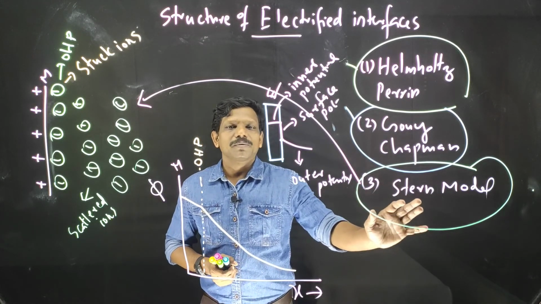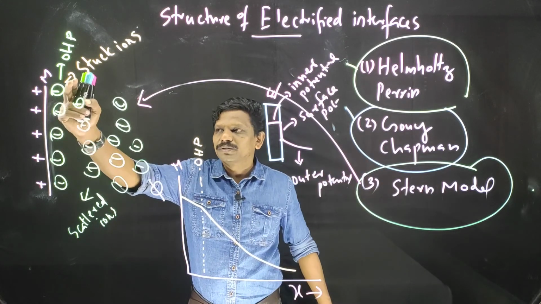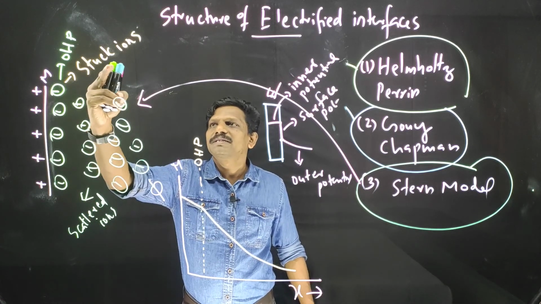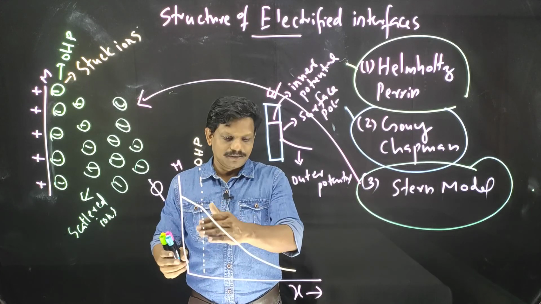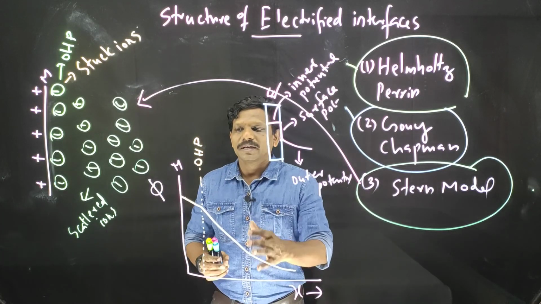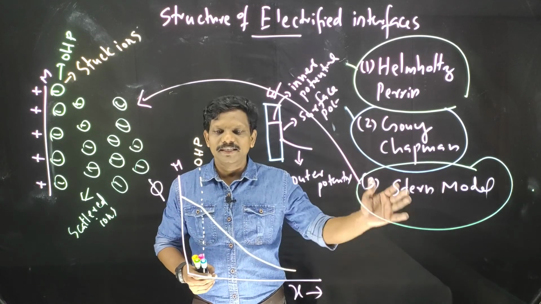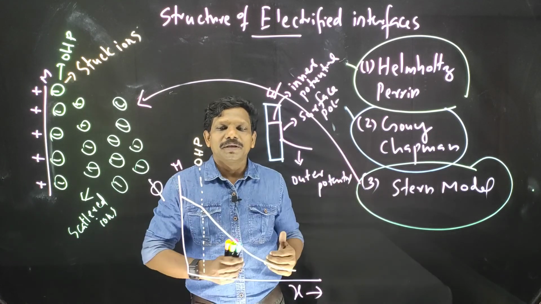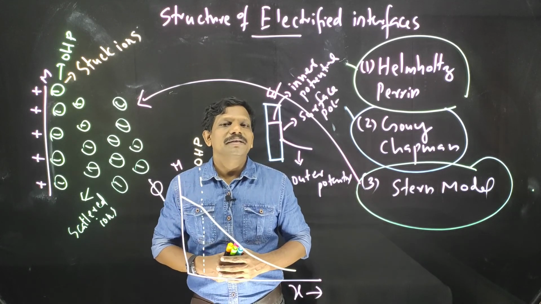So the Stern model found that we need not rule out OHP, because OHP may be there very near to the metal. Those ions are some stuck ions. After that, some scattered ions will be there. So that is why this graph comes from the metal, and when the distance increases, it will vary very freely after the OHP. So that's about the electrified interface.